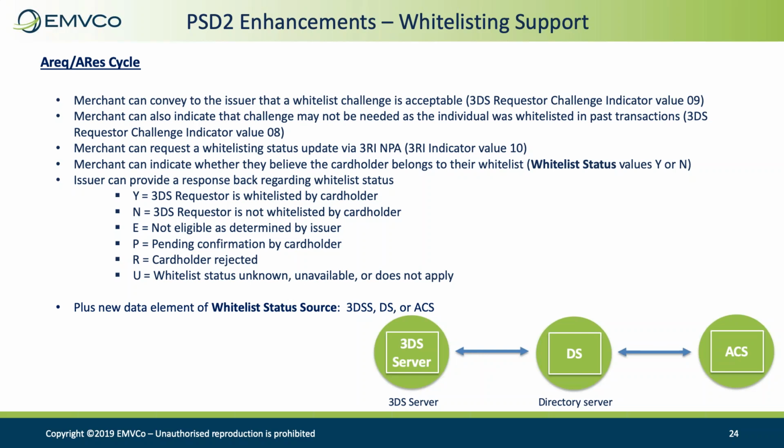For example, Y, 3DS requester is whitelisted by the cardholder, N, 3DS requester is not whitelisted by the cardholder, or maybe even P, pending confirmation by the cardholder, or possibly a U, where whitelist status is unknown, unavailable, or does not apply. And there is also a new data element of whitelist status source to indicate where the whitelist status is coming from, whether that's the 3DS server, the DS, or the ACS providing this information.